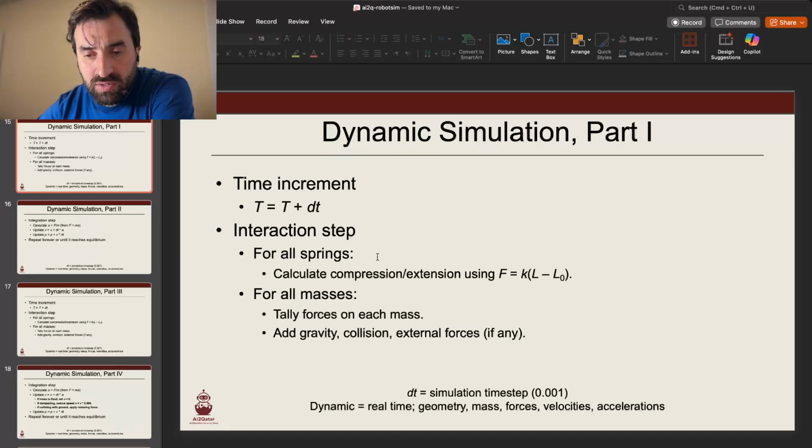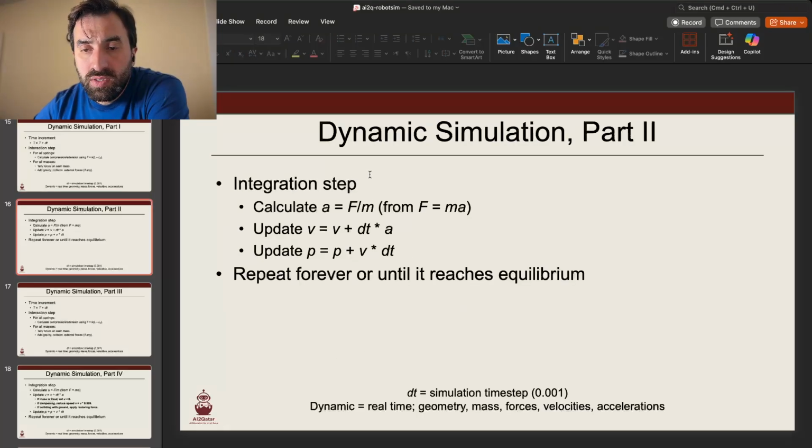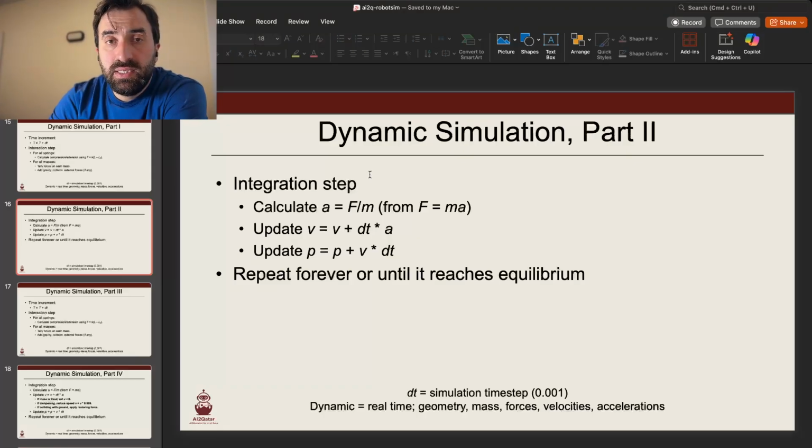For all the masses, you update the forces on each mass at each time step, and then you add gravity, collision, external forces, friction. And then you do the integration step: you calculate a, the acceleration, which equals force divided by the mass.